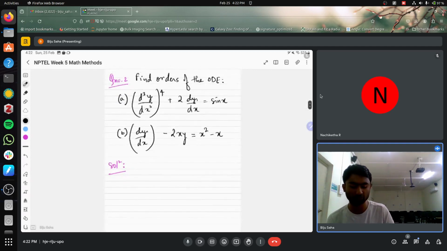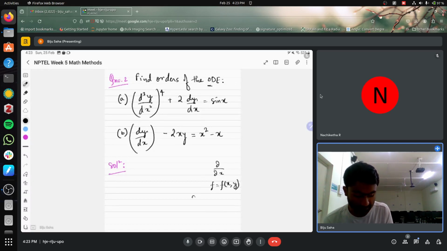Now let's move to how to find the order of the ordinary differential equation. In an ordinary differential equation the derivatives are total derivatives, like d by dx. There is also something called a partial differential equation, where the derivatives appear in this form with del x. In that case your function f is a function of more than one variable, let's say x and y.